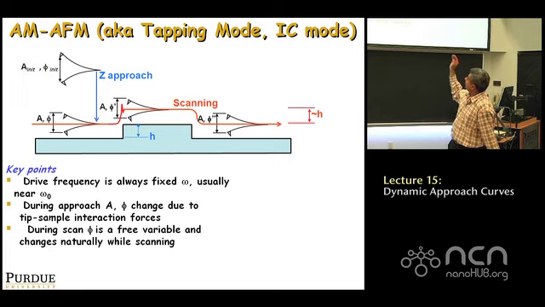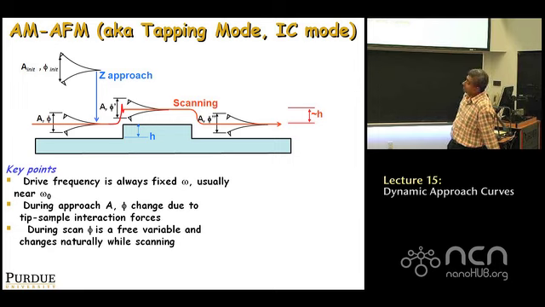So the approach curve refers to the process shown in blue, where once you have done a tuning curve, chosen the resonance frequency, and gotten an initial amplitude and initial phase, you approach a sample. A dynamic approach curve refers to tracking how A changes from A_init to A, and how phi changes from phi_init to phi as you change Z along the blue arrow.